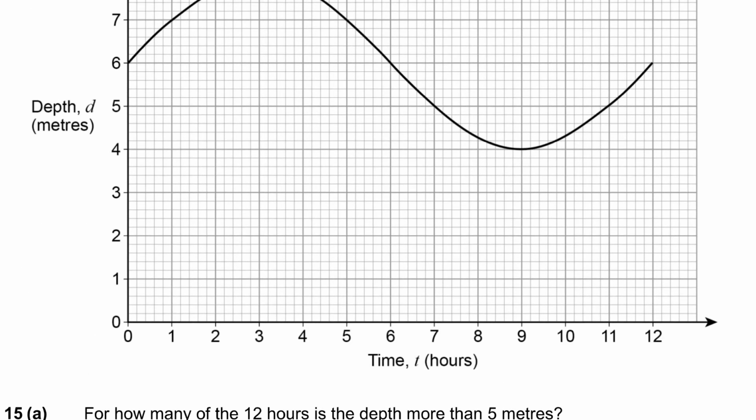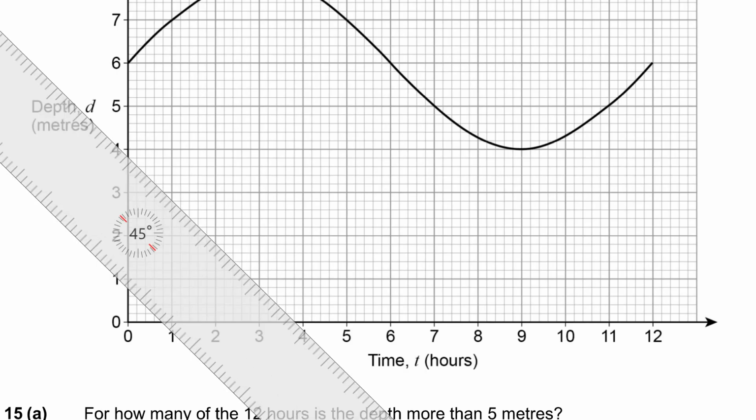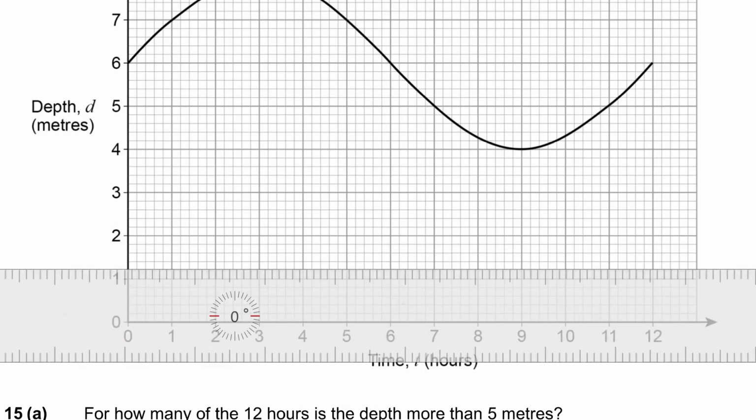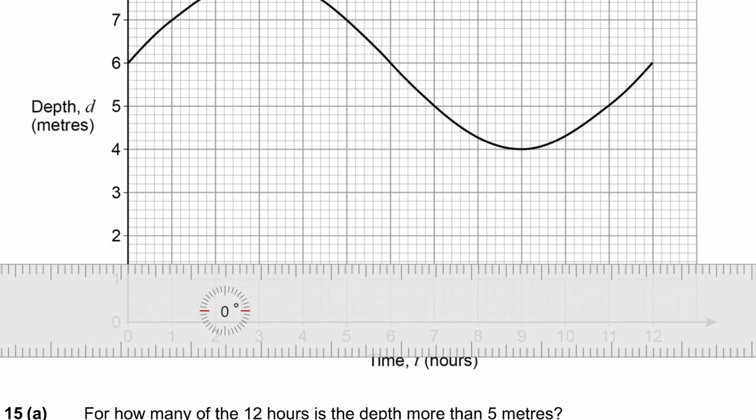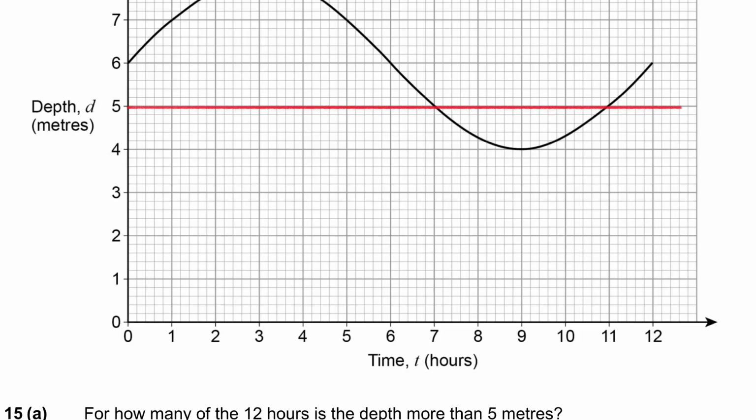Okay, so where's 5? Let's just get a ruler out. So let's just draw a line across at 5. So it's going to be more than 5 when it's above that line then, isn't it?